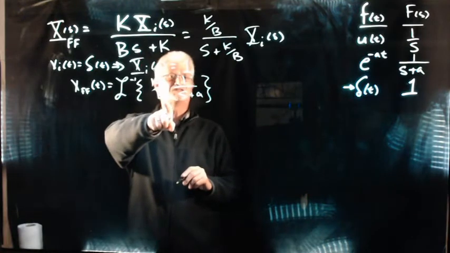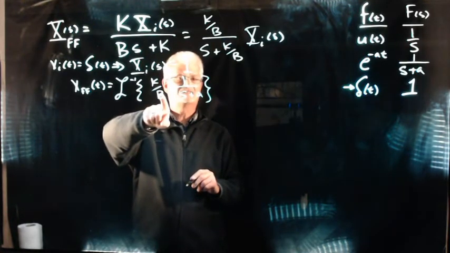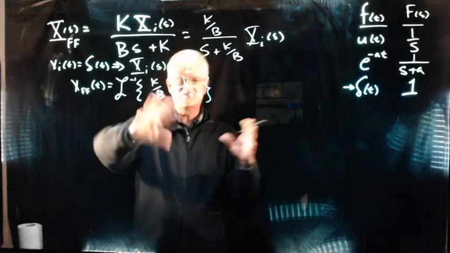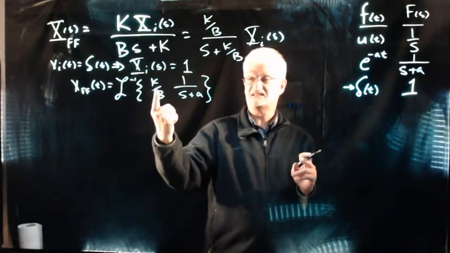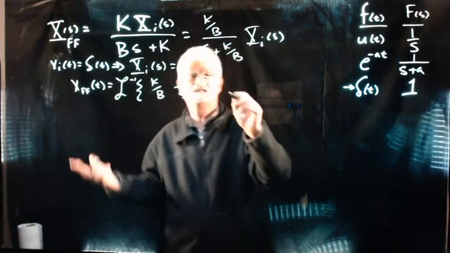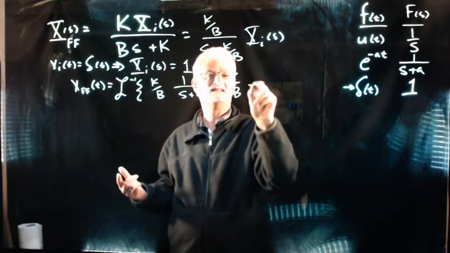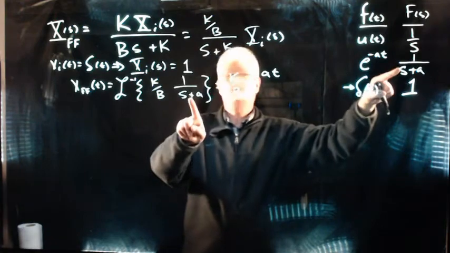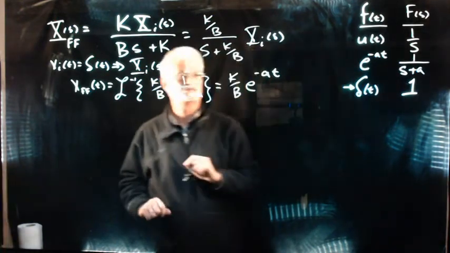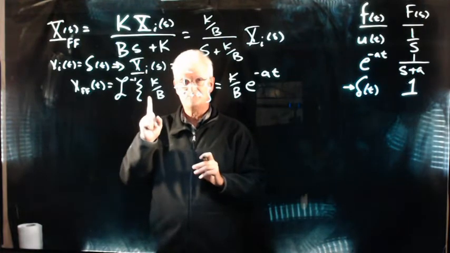The only difference is that we've got a constant that's multiplied by it. So we don't have to do that one again. This is a first order response, and it's just going to be k over b e to the minus at. So this is just a little bit different magnitude first order response.